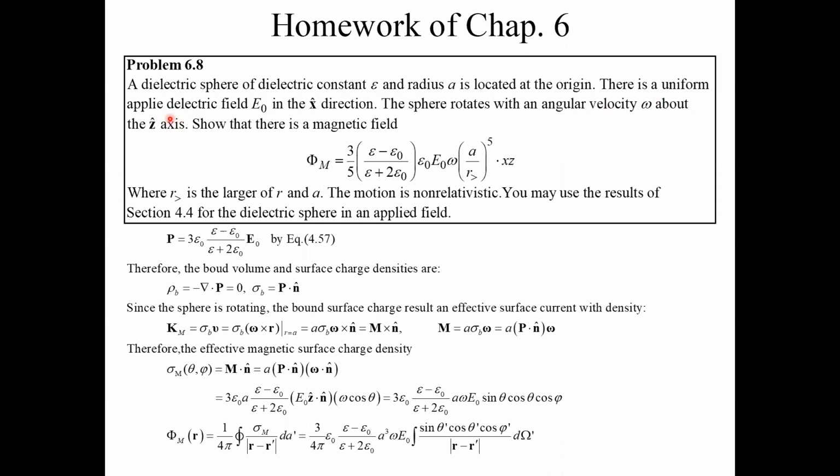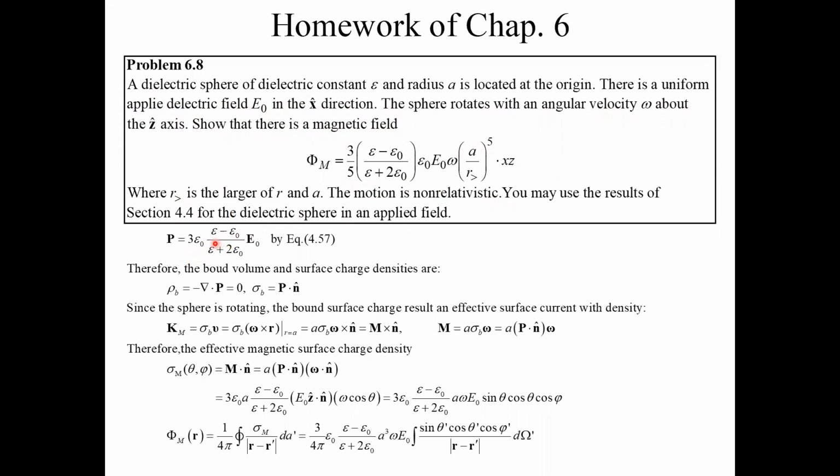There is a uniform applied electric field E0 in the x direction. The sphere rotates with an angular velocity omega about the z-axis. Show that there is a magnetic field that will be like this.